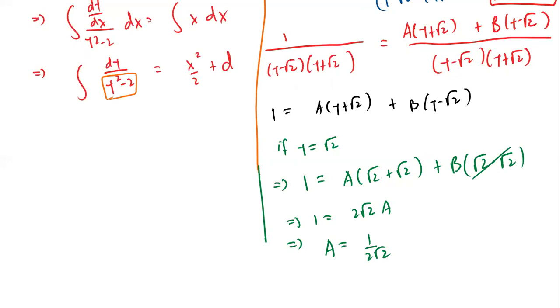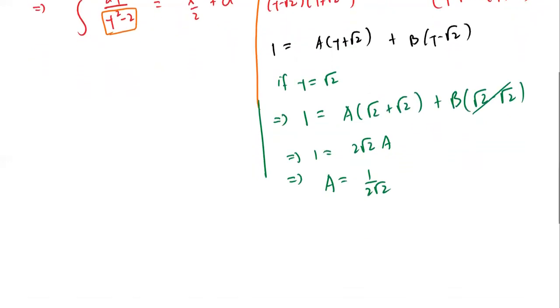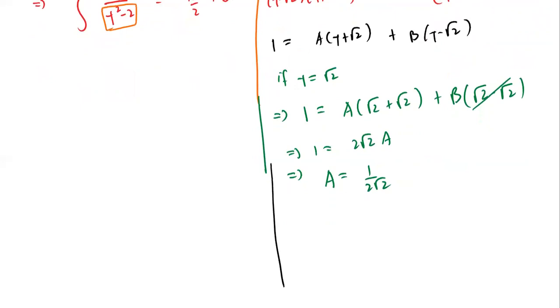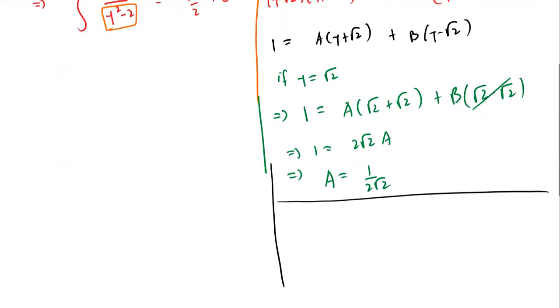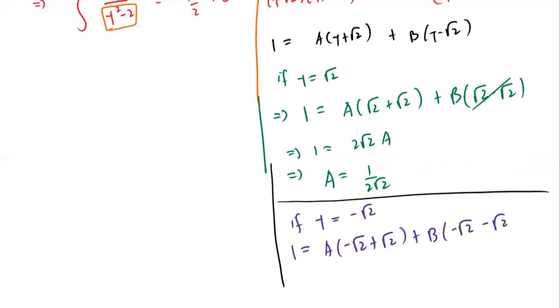We can do something similar to solve for B. Just plug in values for y that are going to simplify things. In this case, let me use another color, I guess purple. If we let y be equal to negative square root of 2 and plug it into this equation, we get 1 equals A times (negative square root of 2 plus square root of 2) plus B times (negative square root of 2 minus square root of 2).